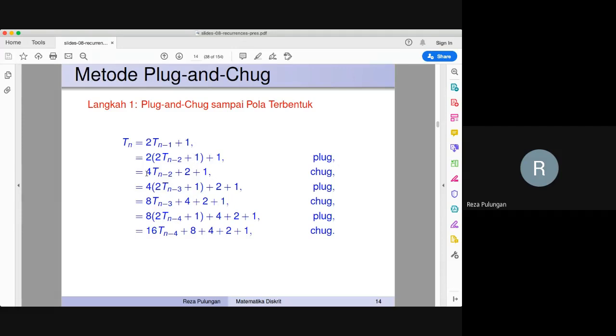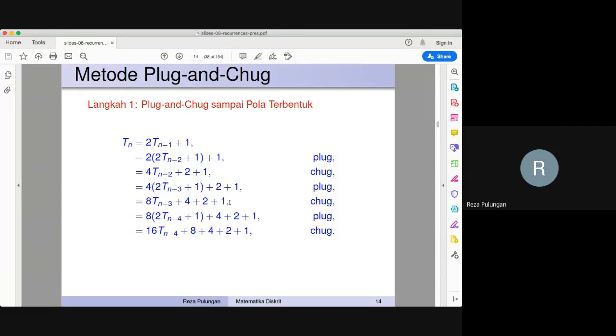So right now, our form is 4Tn minus 2 plus 2 plus 1. What is Tn minus 2? Tn minus 2 is 2 times Tn minus 3 plus 1. So I plug it, and then I chug it. This is 8 Tn minus 3 plus 4 plus 2 plus 1.